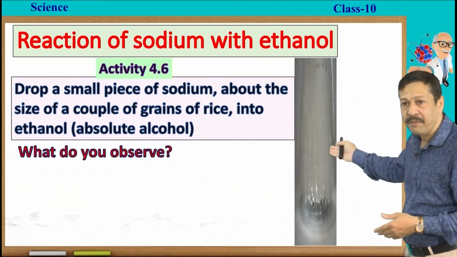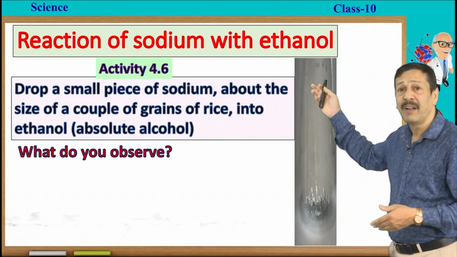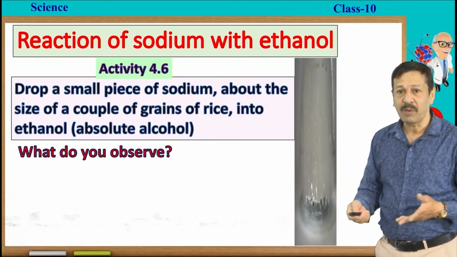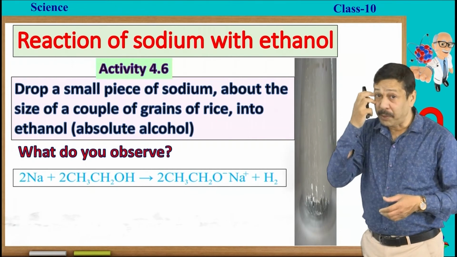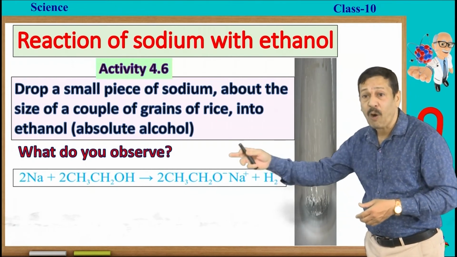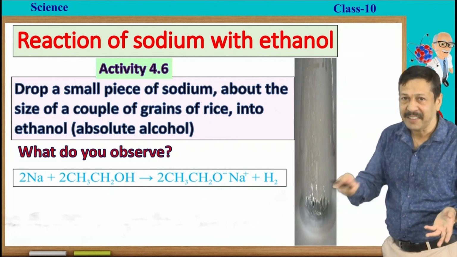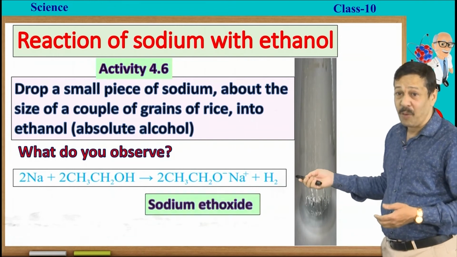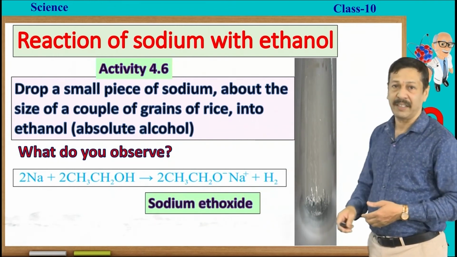You are seeing some gas evolving when sodium reacts with alcohol. What is that gas? Sodium, when it reacts with ethanol, produces sodium ethoxide plus hydrogen. Now tell, what is that? You are right, it is hydrogen gas. Another product produced is sodium ethoxide.